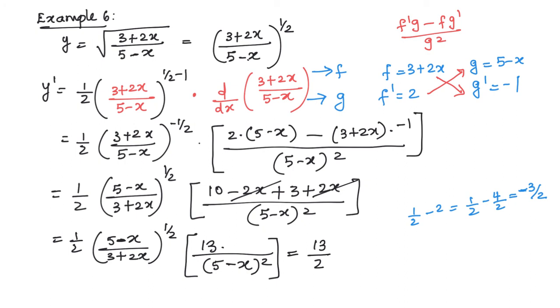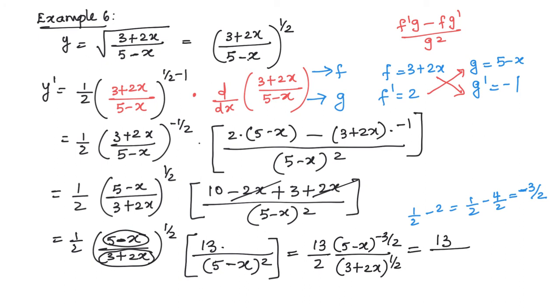And this exponent is for the numerator as well as for the denominator, right? For the numerator, we subtracted the exponent. So the numerator will become 5 minus x power negative 3 over 2. Denominator we have 3 plus 2x power half.